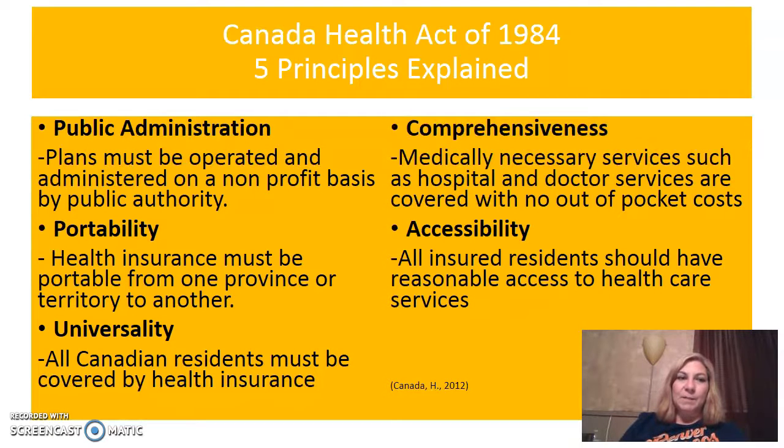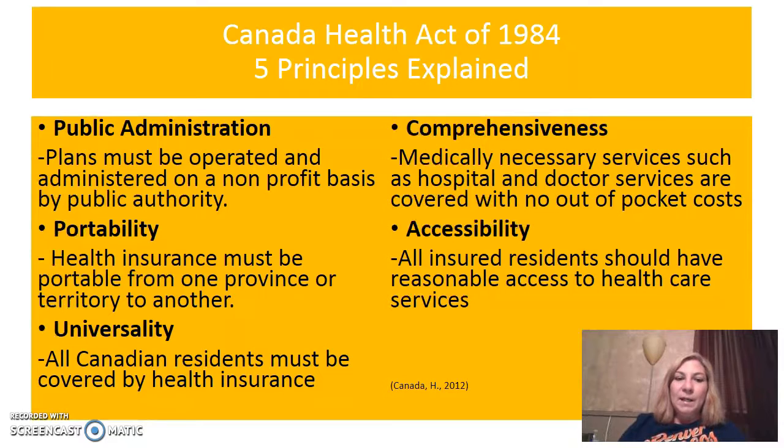Public administration: the plans must be operated and administered on a nonprofit basis by public authority. Portability means health insurance must be portable from one province or territory to another. So if a resident moves from one province or territory, they can have access to a health insurance plan or take their plan with them to that territory or province.